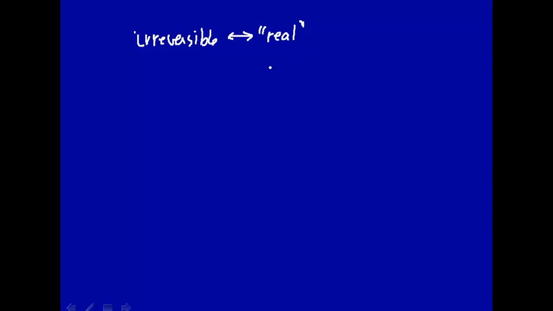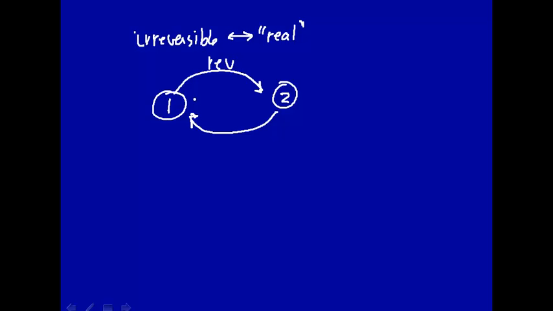Okay, now with that, let's consider this system. Here's state 1, and here's state 2. Let's take the system from state 1 to state 2 by a reversible pathway, and then let's go back from state 2 to state 1 by some irreversible process.